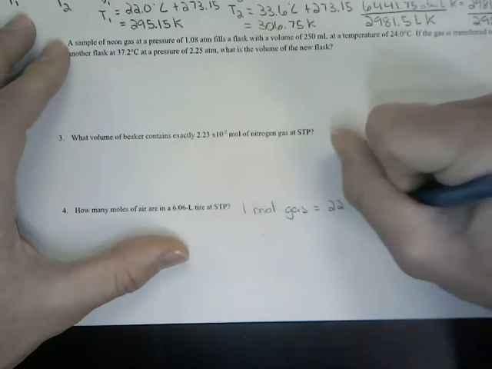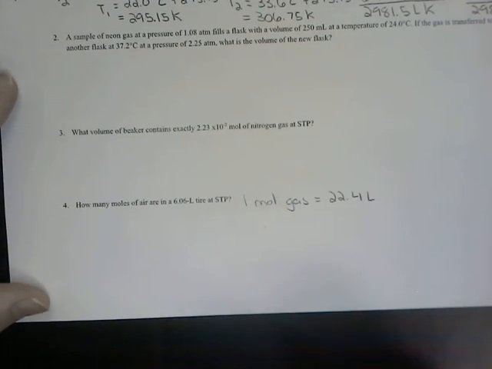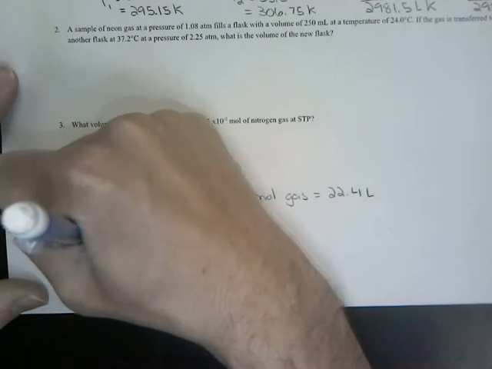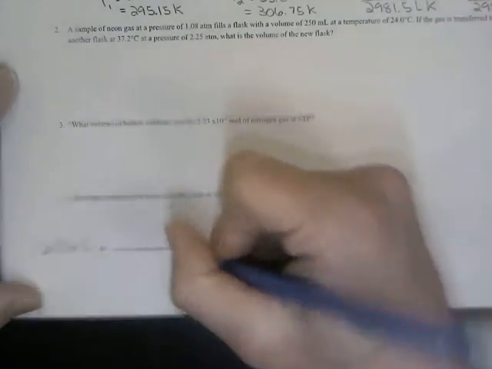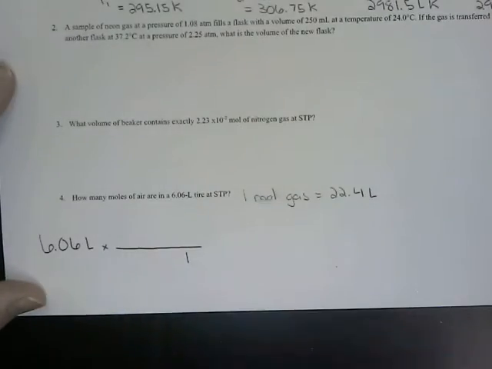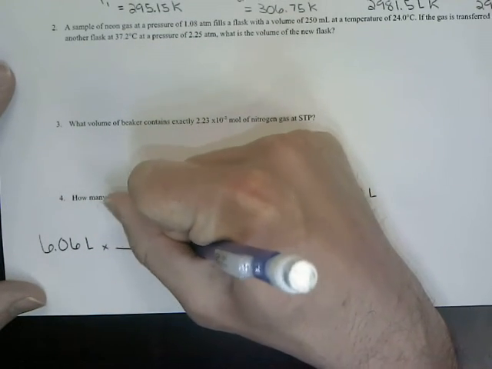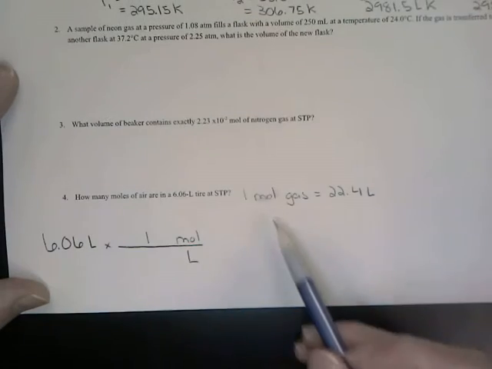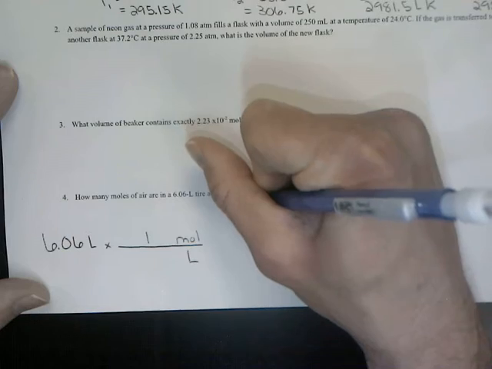Now, we're going to use that here in just a second because we have 6.06 liters. So we set this up like a stoichiometry problem where we have 6.06 liters, and we set up that conversion. We cross cancel diagonally. We have liters that will cancel on the bottom, and we're trying to get to moles on top. Lucky for us, we have a nice conversion. The number in front of moles is 1, and the number in front of liters is 22.4.